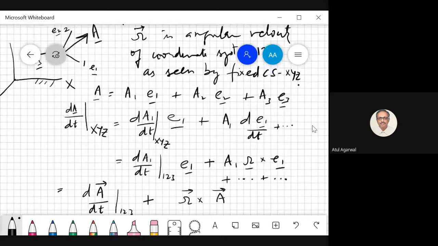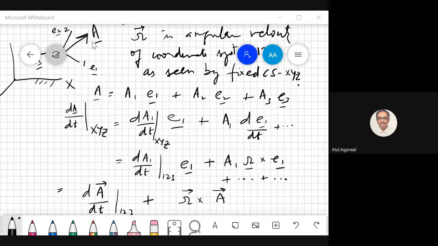This is what we did earlier. That vector A will have some variation with respect to the 1, 2, 3 system plus a variation because of rotation of this E1, 2, 3 system with respect to x, y, z. So I have done the same thing in a longer way.